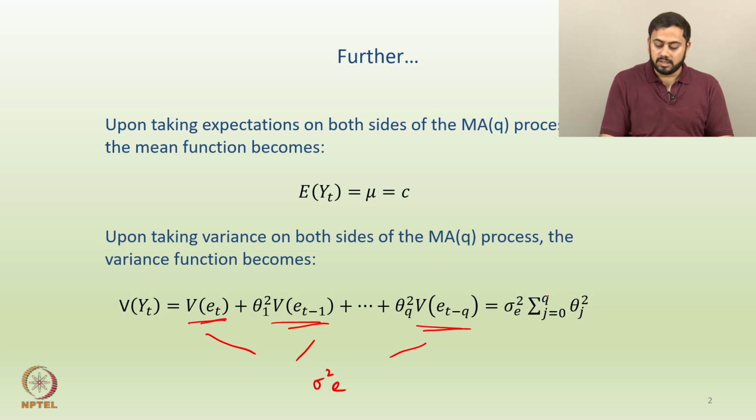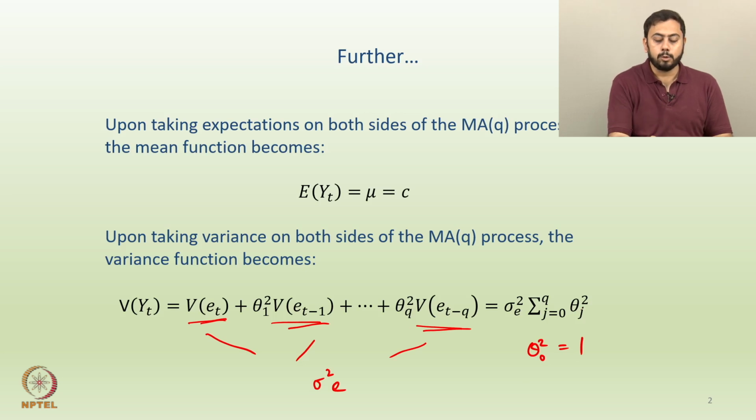One small assumption is required here: theta 0 squared is 1, because j starts from 0. Then we have theta 1 squared, theta 2 squared, theta 3 squared up to theta q squared.